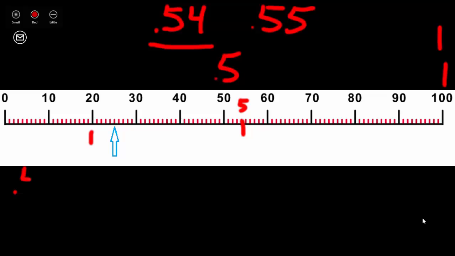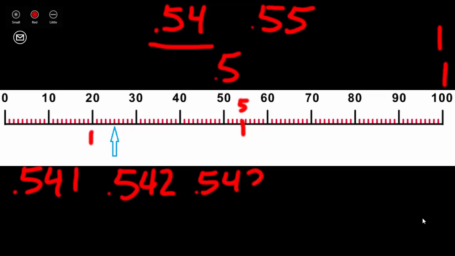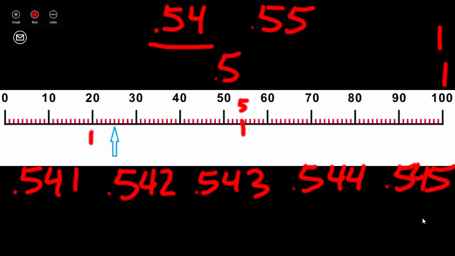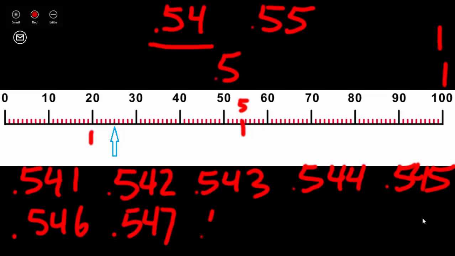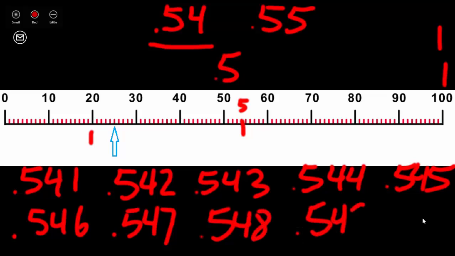We could list 541 thousandths, 542 thousandths, 543 thousandths, 544 thousandths, 545 thousandths, 546 thousandths, 547 thousandths, 548 thousandths, 549 thousandths, and next we would be coming to 55 hundredths.